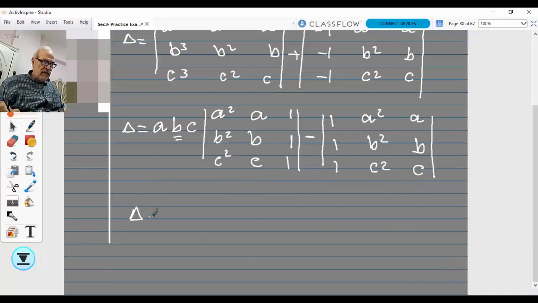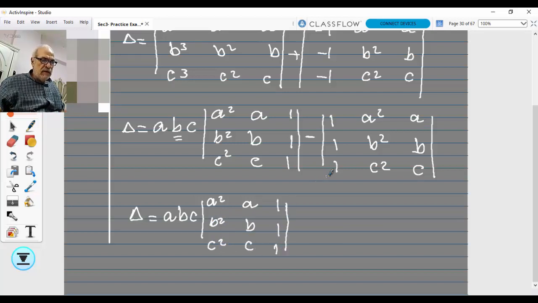Delta equals A, B, C. We have the first determinant, A square A 1, B square B 1, C square C and 1. And now I'll try to make this determinant like this. Notice that we have the same elements, so we will change the places of the columns. First, when you interchange C1 and C2, what do you get?